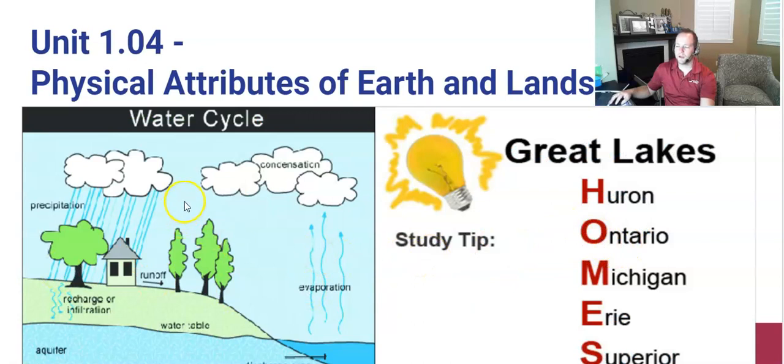Another thing we need to think about is the water cycle and how that affects things. Hopefully you've learned this throughout your education career, but you have water that evaporates and makes clouds, and when the clouds get big enough they can't go over things like the mountains.